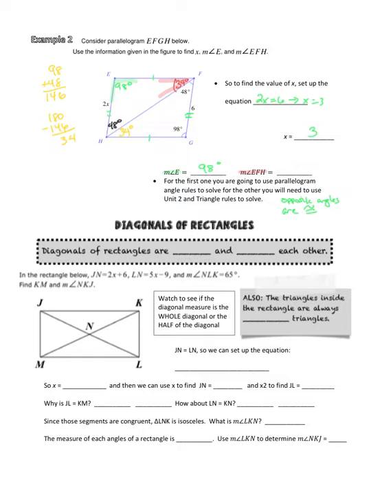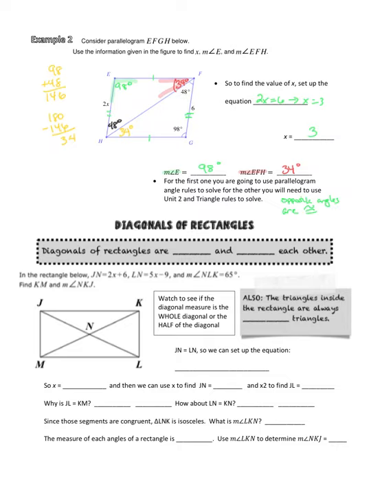So we used properties of triangles. And again, properties of parallel lines cut by a transversal. Pulling in Unit 2. In geometry, each piece does not stand alone. They intermingle.